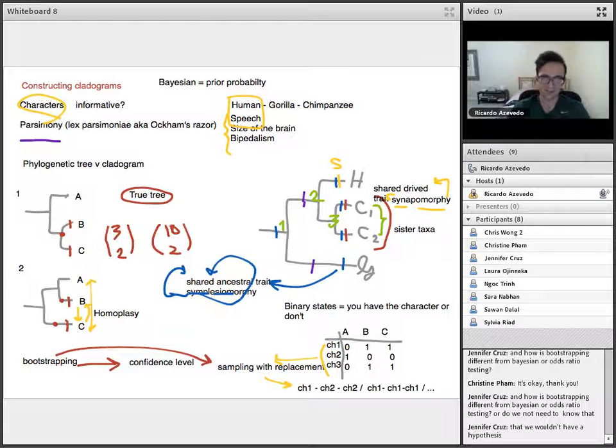Bayesian is characterized by a prior probability. I can tell you that much. So that's the whole point of Bayesian statistics. That's actually a different type of statistics.